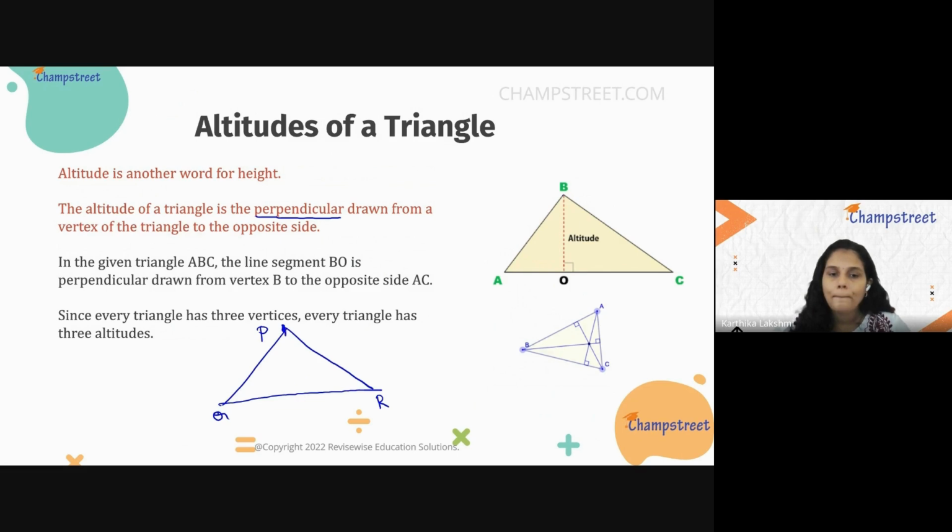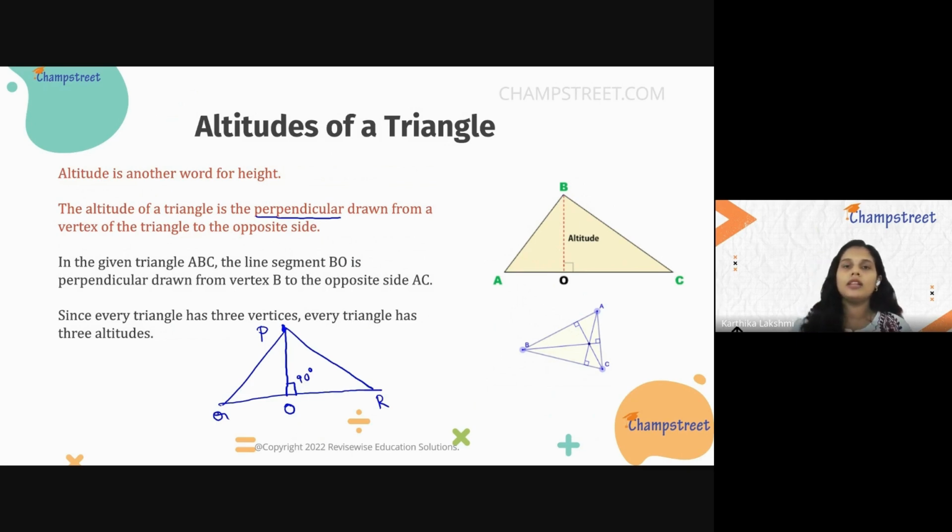When I'm drawing a perpendicular, which is at 90 degrees to the opposite side, and marking the foot as O, then PO is the altitude. I didn't mention the word midpoint. I just said draw a perpendicular from the vertex to the opposite side. That's called what? Altitude.